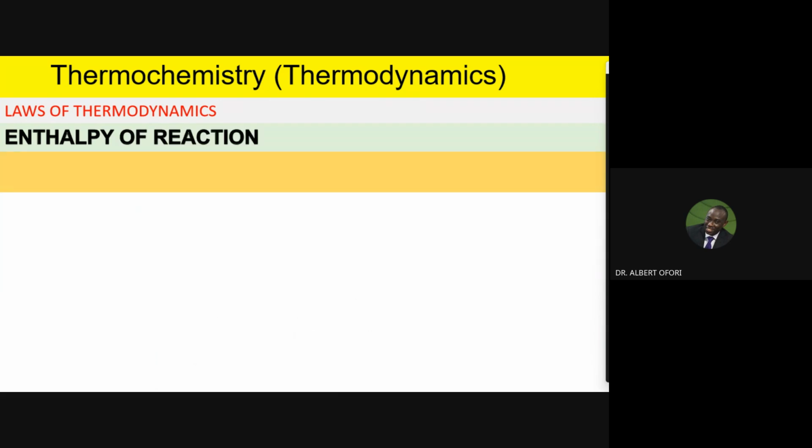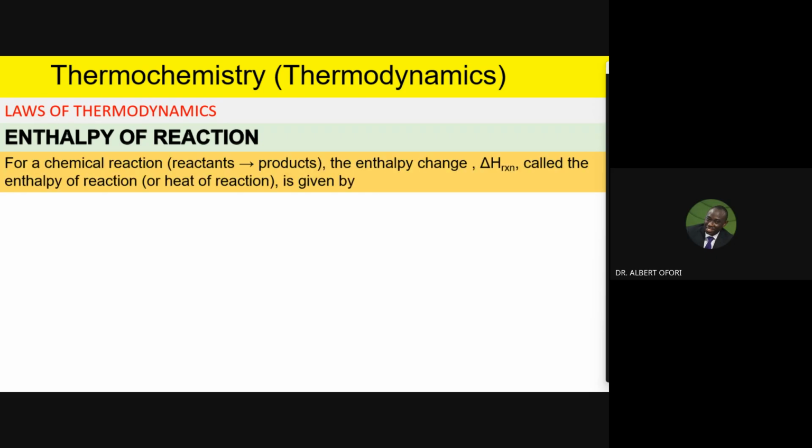Now, the mathematics of this enthalpy says that we are talking about the enthalpy change. For every chemical reaction, we have an initial going to a final, reactant going to the product. If you want the enthalpy change of a reaction, it is the summation of the enthalpies of the products minus the summation of the enthalpies of the reactants. That's what we call the enthalpy change.